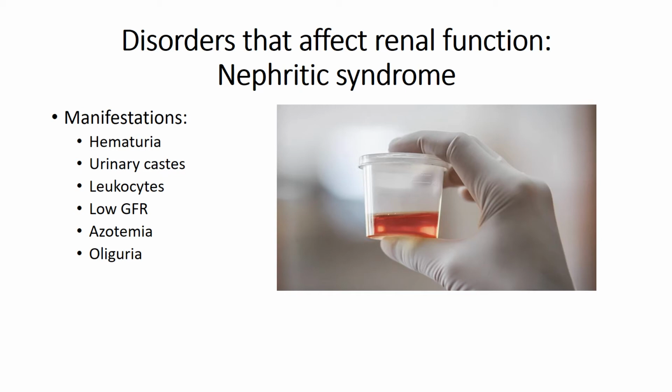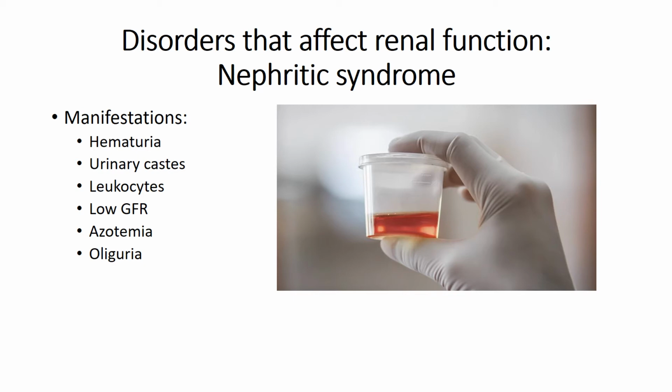These urinary casts are sediments that are found in the urine that are formed just naturally. These casts can increase in this nephritic syndrome. One other characteristic that we see in nephrotic syndrome is that the urine is likely going to be frothy because of the increased proteins, whereas in nephritic syndrome we're not going to have that frothy urine.